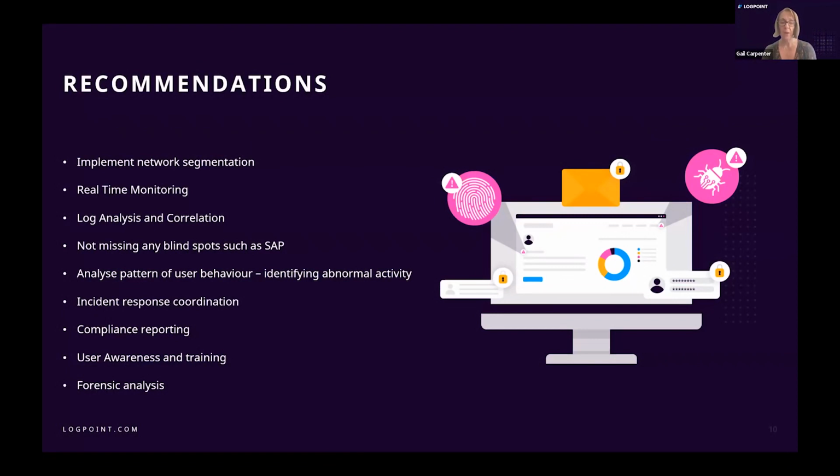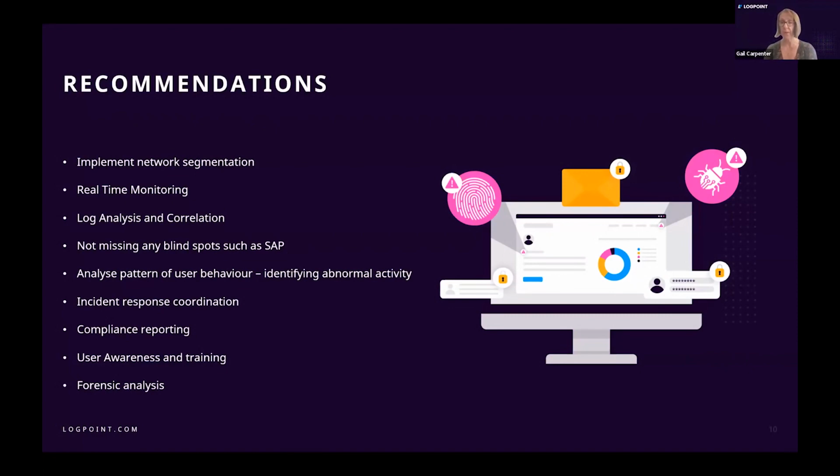Another area that we talk a lot about at Logpoint is making sure that all your data sources are part of, for example, a Converged SIEM system. Sometimes there are data sources that are not included in your log analysis or your real-time monitoring and are often being missed. And often these are some of the data sources that are being targeted by cyber criminals.